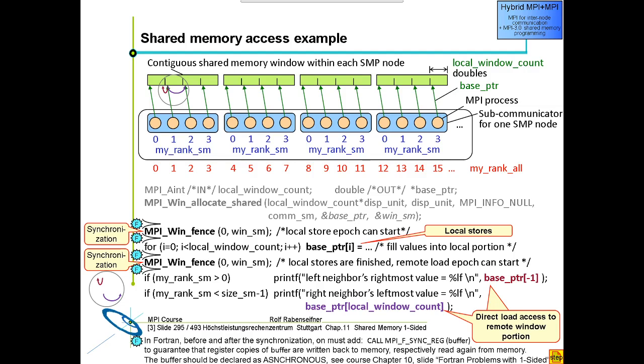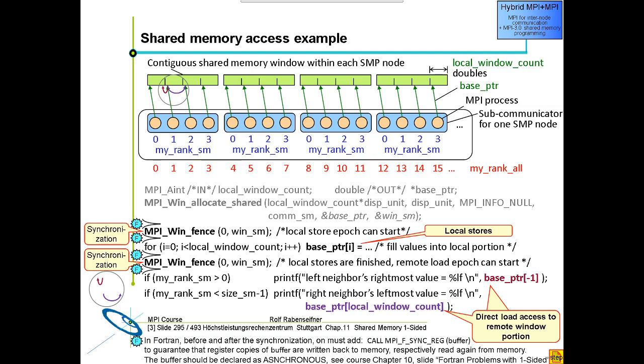Later on, we can synchronize again to make sure that the local window, the base pointer array so to say, has been updated properly. And after that, we can refer to the left neighbor's rightmost value, as long as we are not the leftmost process, as base PTR minus 1.